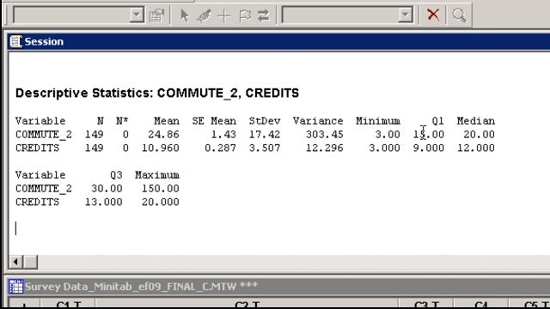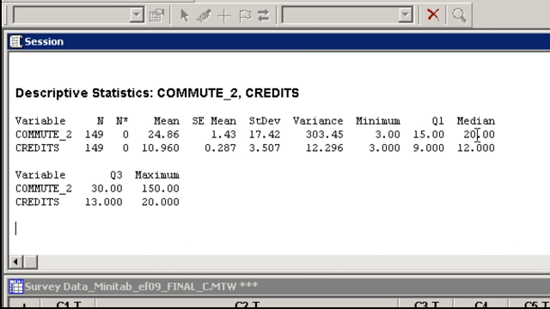Q1 here is the 25th percentile, so that means that 25% of the students had a commute time of 15 or less. And at the same token, 75% had a commute time of 15 minutes or more.